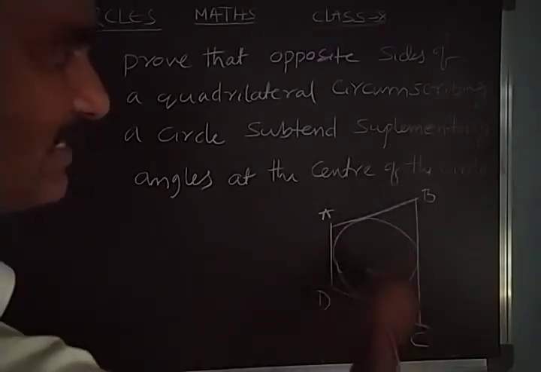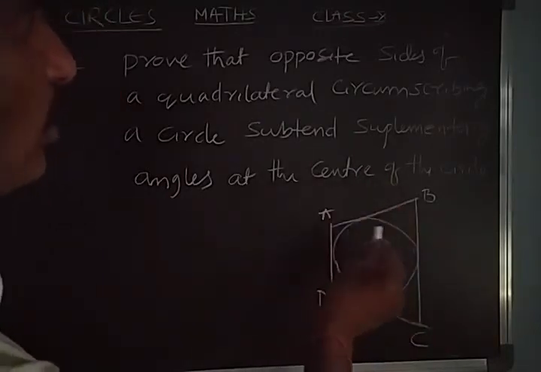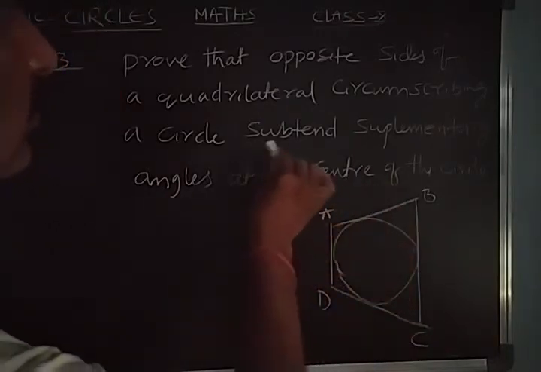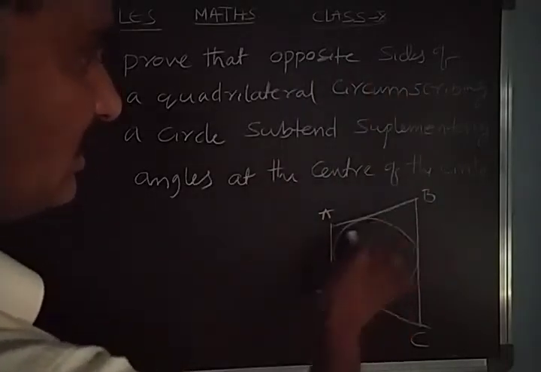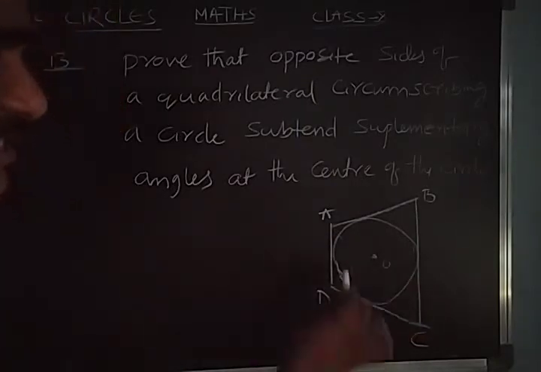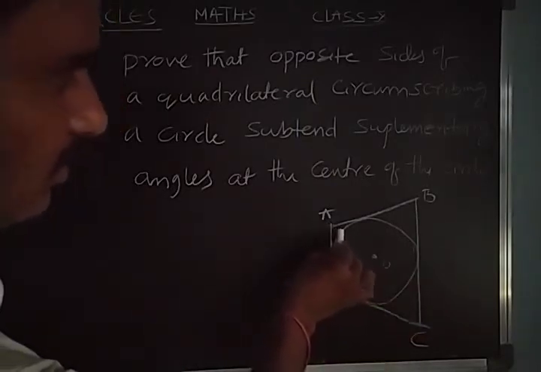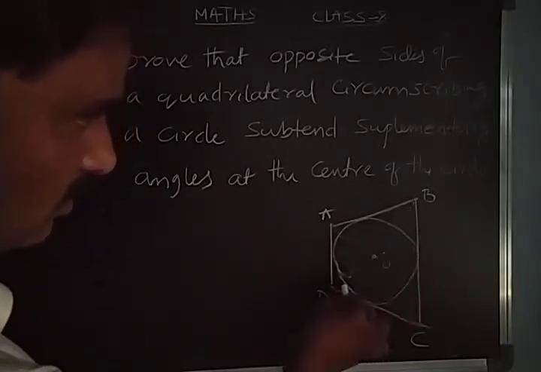We have the quadrilateral, and inside I drew one circle. What are we going to prove? We are going to prove that opposite sides of the quadrilateral subtend angles at the center. This is the center. I am taking O as the center. Suppose we join OA, OB, OD, OC.